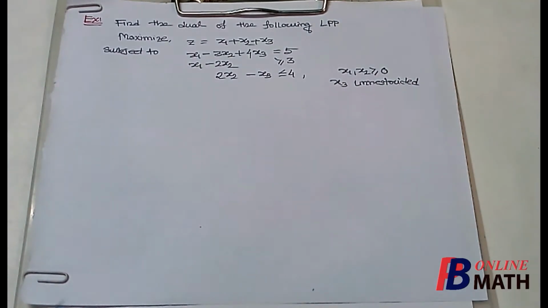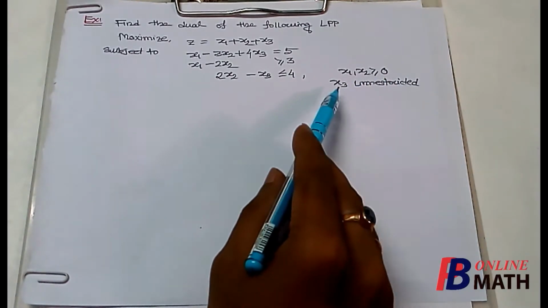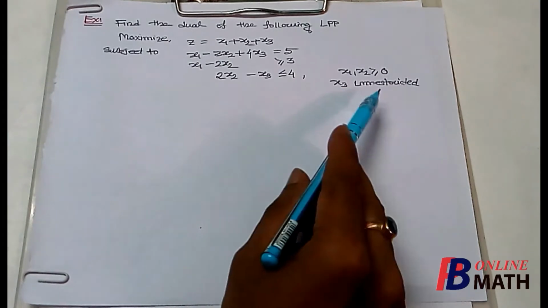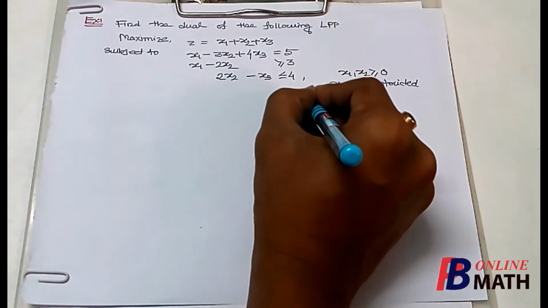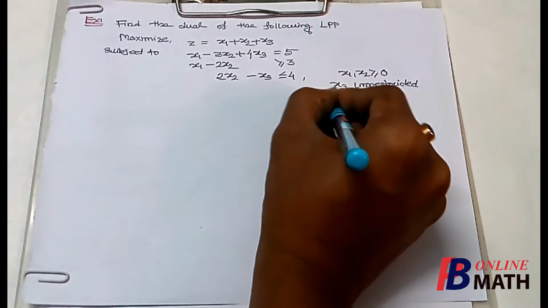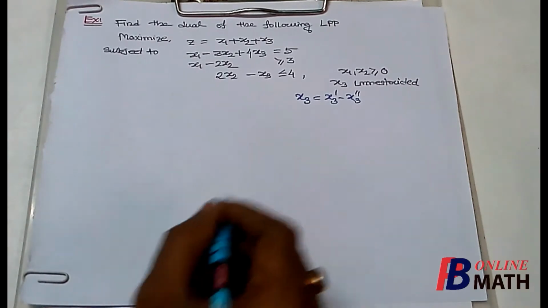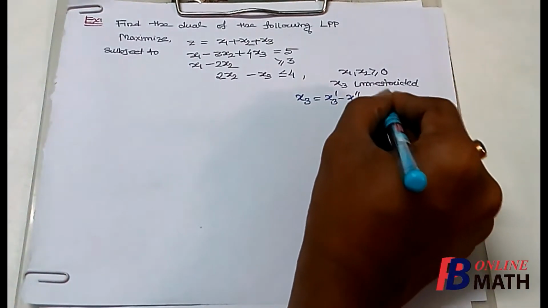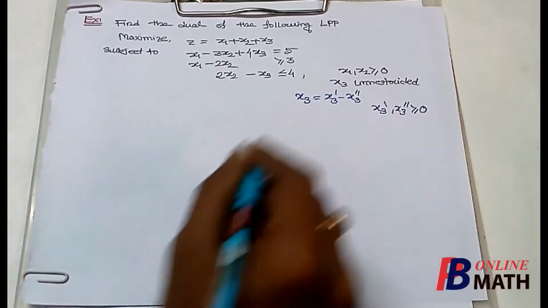For that, first, it is given that x3 is unrestricted in sign, so the sign of x3 is not given. So in this case we shall assume that x3 equal to x3 dash minus x3 double dash, where x3 dash and x3 double dash both are greater or equal to 0.